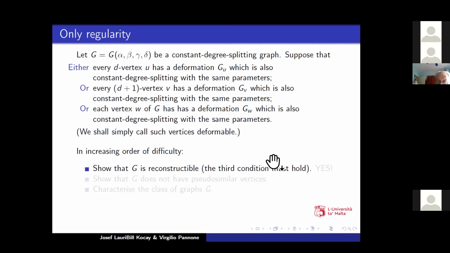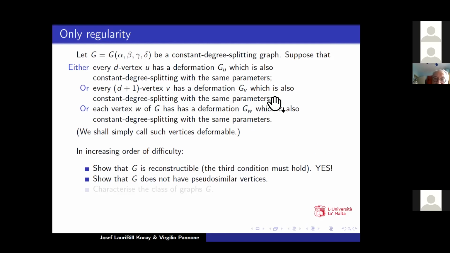When G is not reconstructible, then the third condition must hold, as we said. Both vertices of degree D and D+1 have to be deformable. And yes, we can prove that. Show that G does not have pseudosimilar vertices.